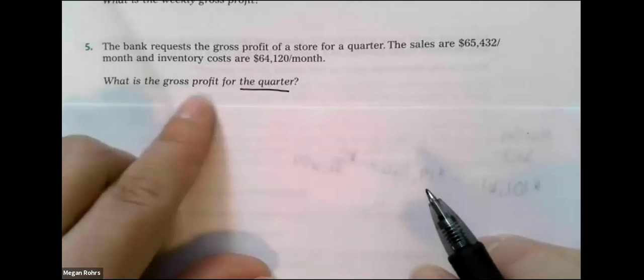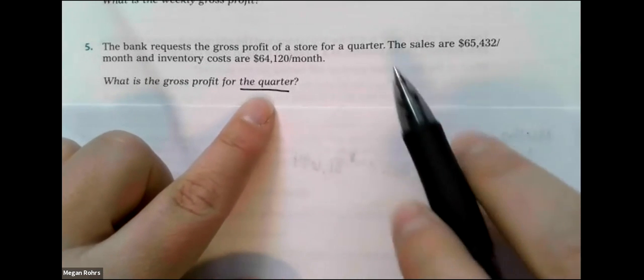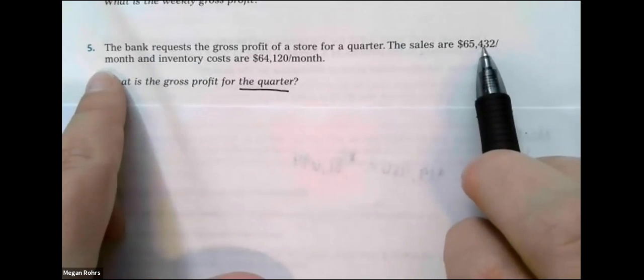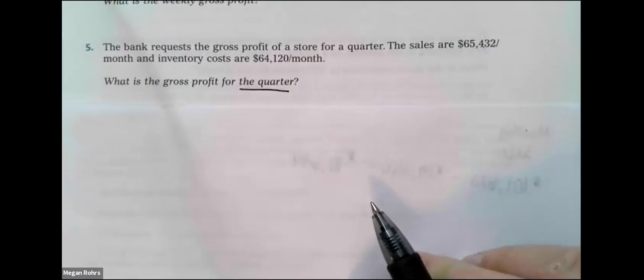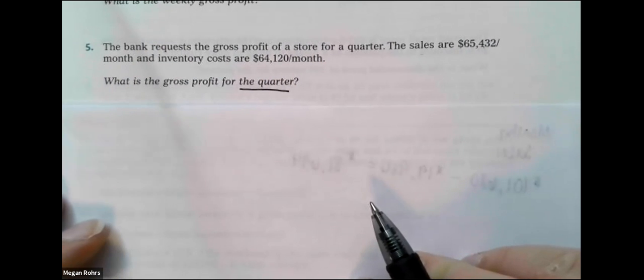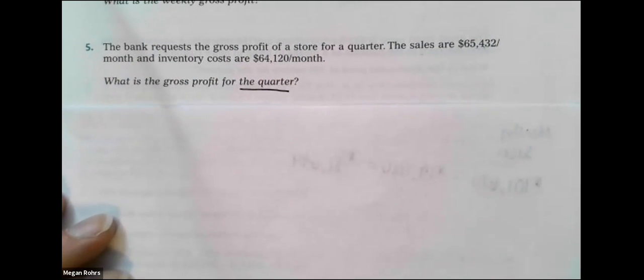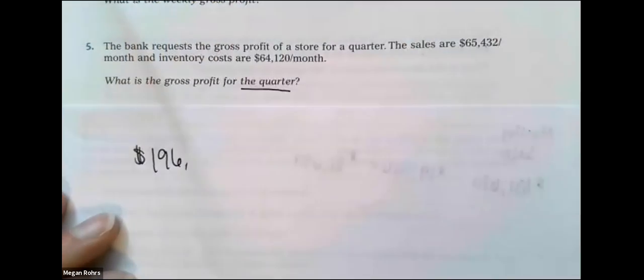So when we're calculating the gross profit for the quarter, we need to take both of our monthly amounts here and multiply them by 3 because there are 3 months in a quarter. So sales, we have 65,432. I'm going to take that times 3. So I'm left with 196,296.